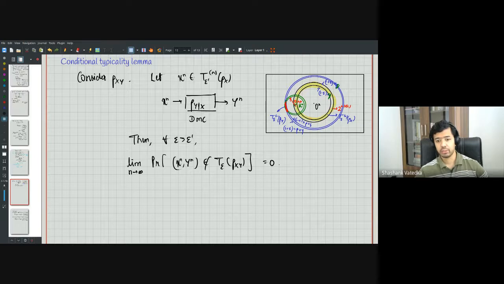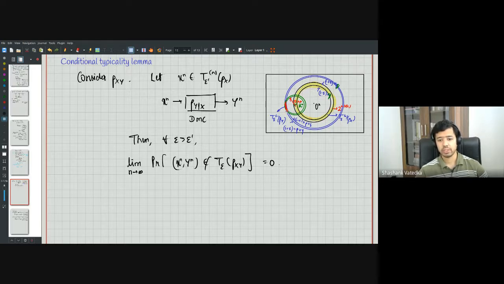If they have to be jointly typical, then y^n should lie in this red region. For a given x^n, y^n can lie anywhere in this green region. But what is the probability that y^n in fact lies in this red region?